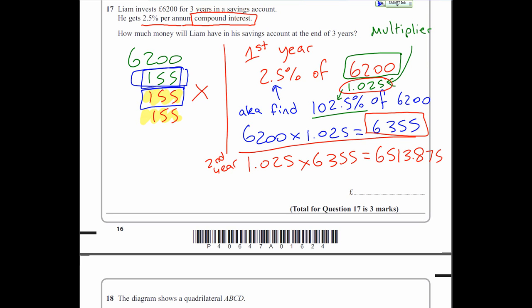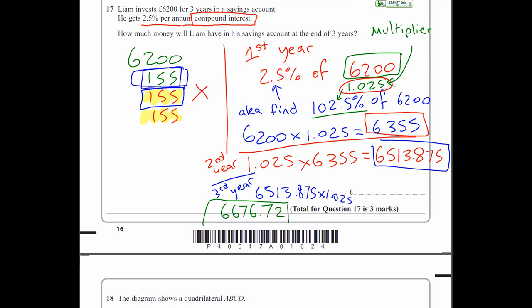Third year, we're going to take this amount and times by our multiplier again. It doesn't matter which way around. And we get £6,676.72 to the nearest penny. So that's how much we're going to get with compounding.